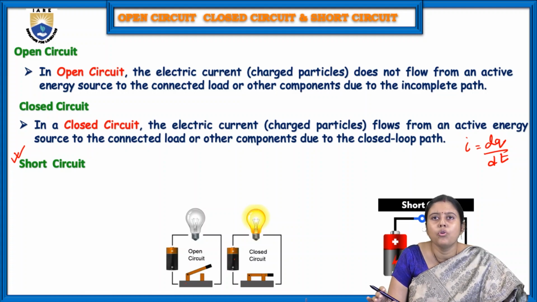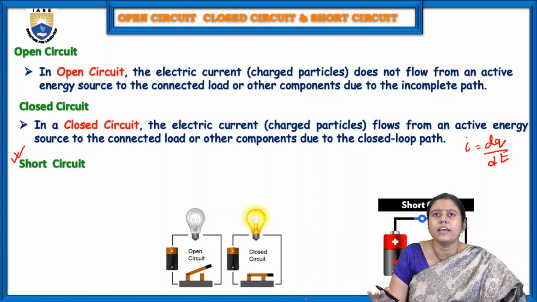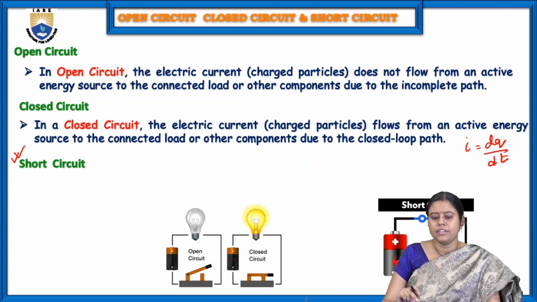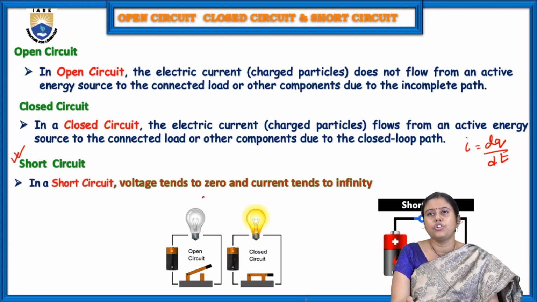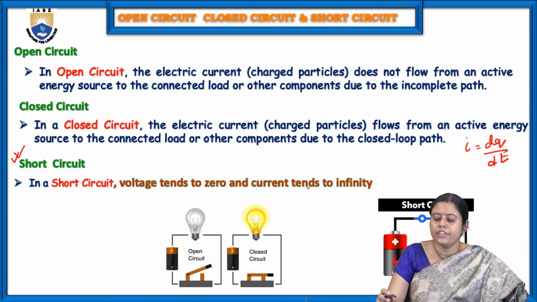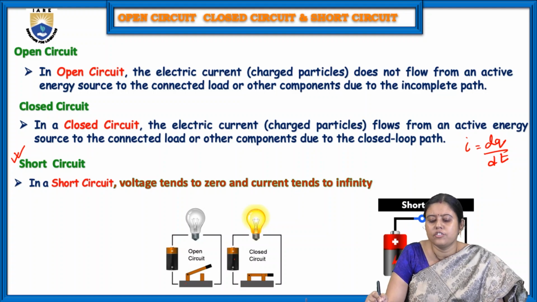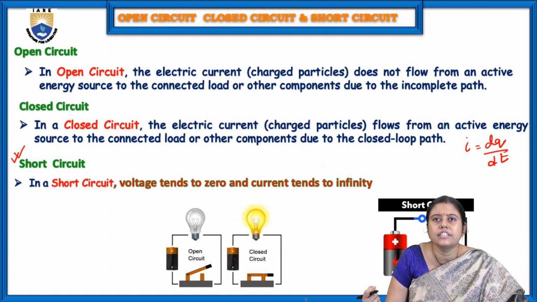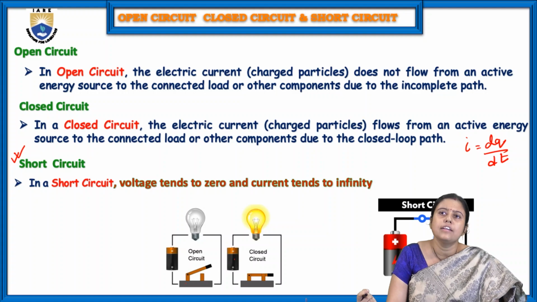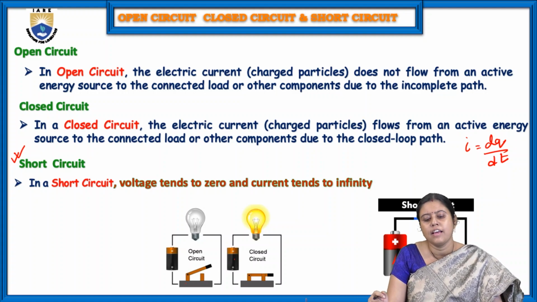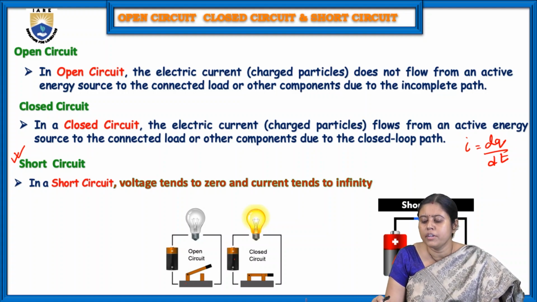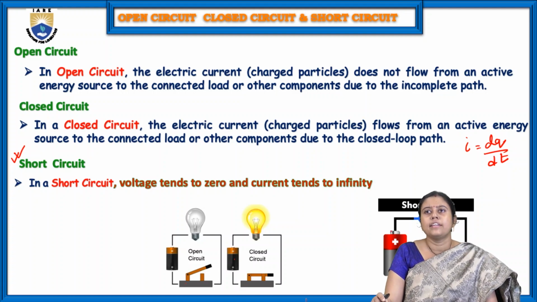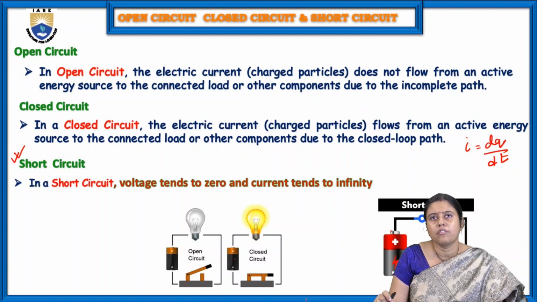If there is no load, no voltage drop, we call it a short circuit. So voltage tends to 0 and current tends to infinity. In the short circuit condition, the maximum amount of current will always flow in the circuit. This is a special case of the closed path, known as the short circuit condition.